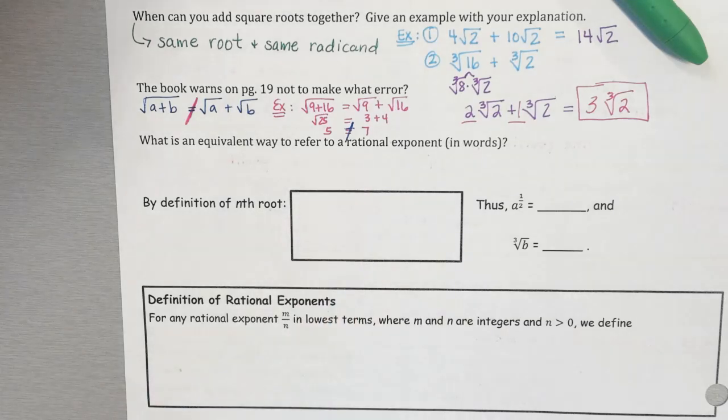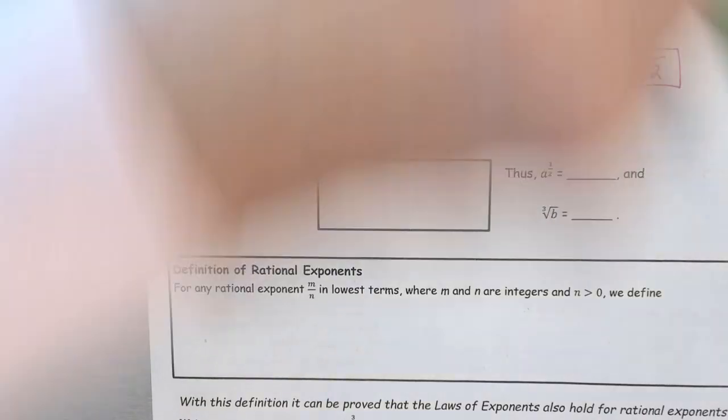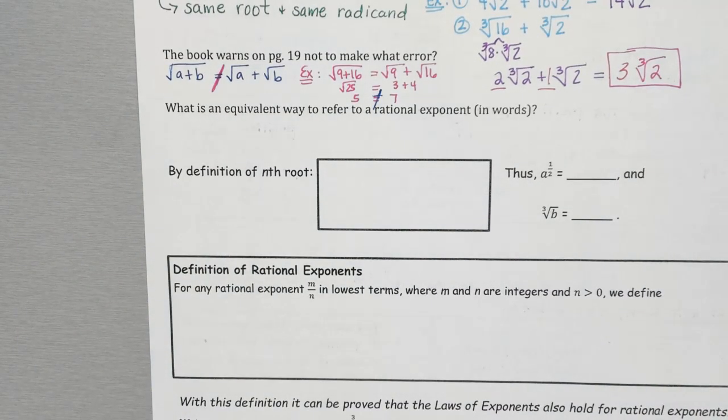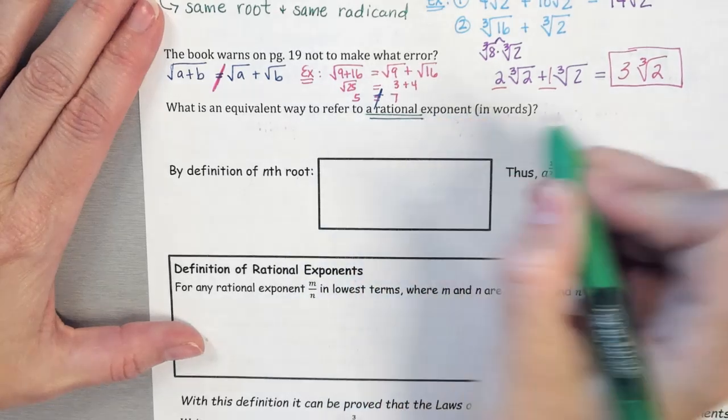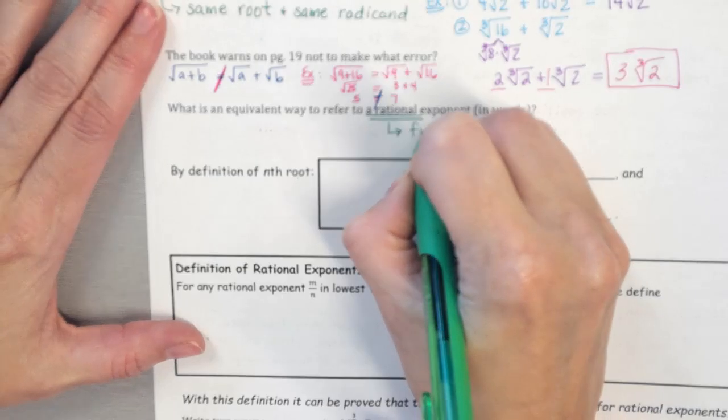Okay, now some of you already reviewed some of the rational exponent rules when you were doing your practice yesterday. So remember that when we say a rational exponent, all that means is it's a fraction. So a rational exponent is an exponent that's a fraction.